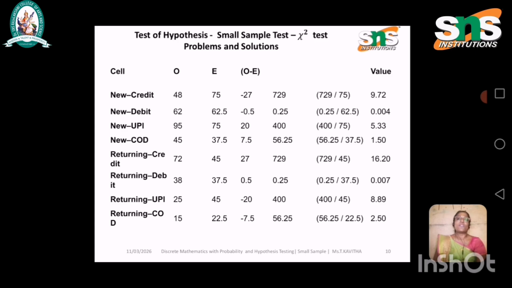In this way we calculate for new UPI, new COD, returning credit card, returning debit card, returning UPI and returning COD. All the values are calculated: 9.72, 0.004, 5.33, 1.50, 16.20, 0.007, 8.89, 2.50.